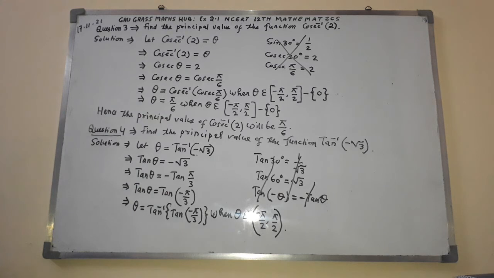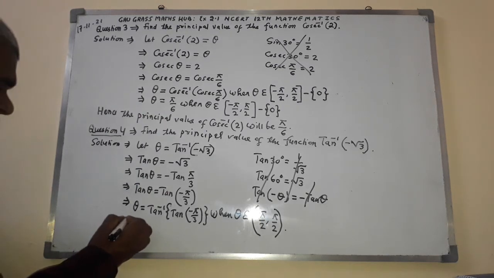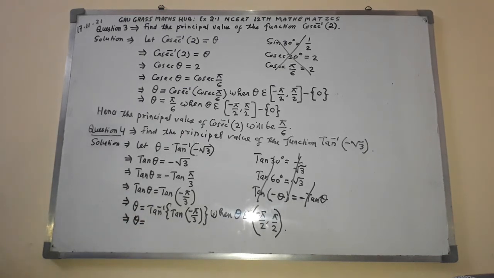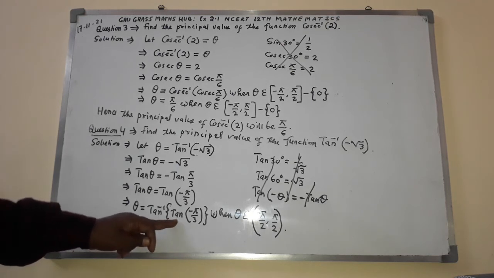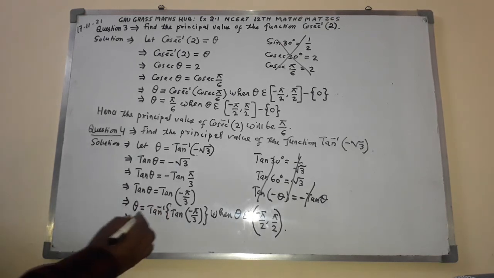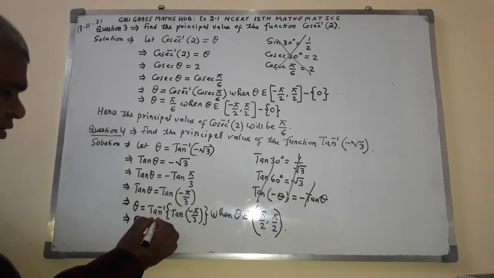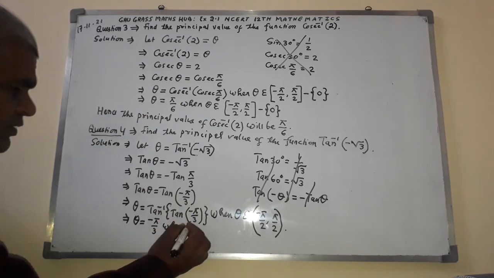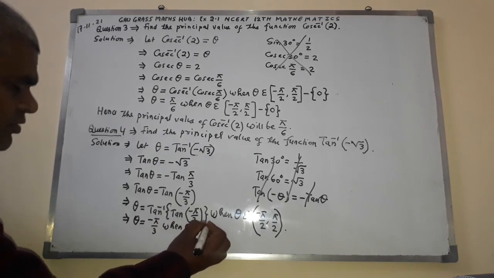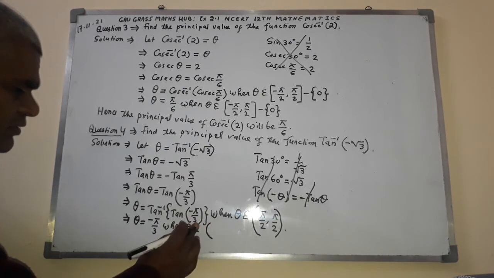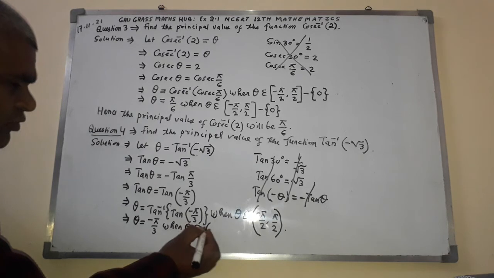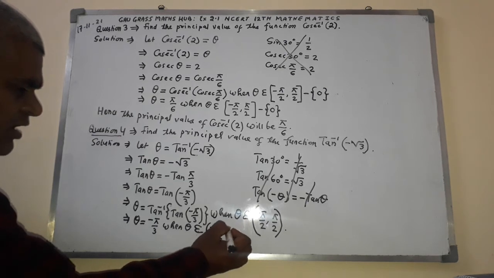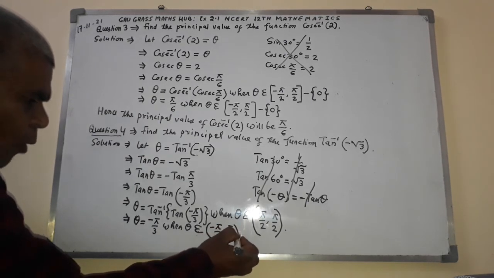You will get here theta equal to, tan inverse tan will be cancelled out, minus pi by 3 when theta belongs to the open interval minus pi by 2 comma pi by 2.